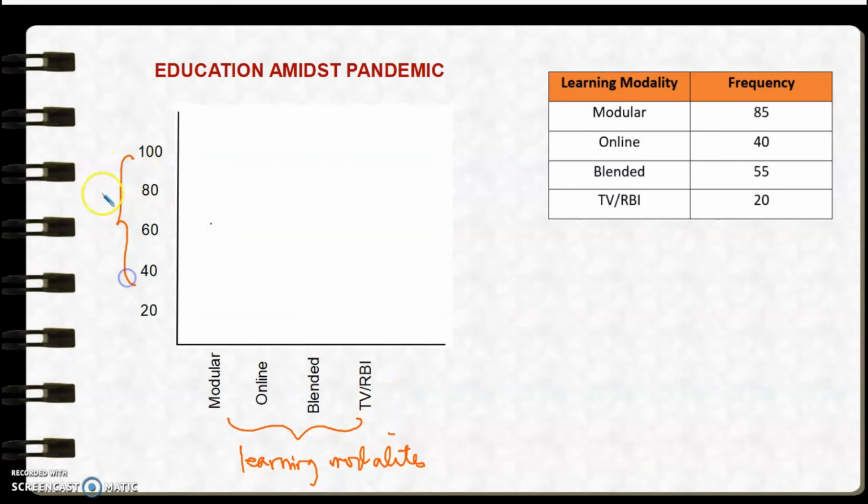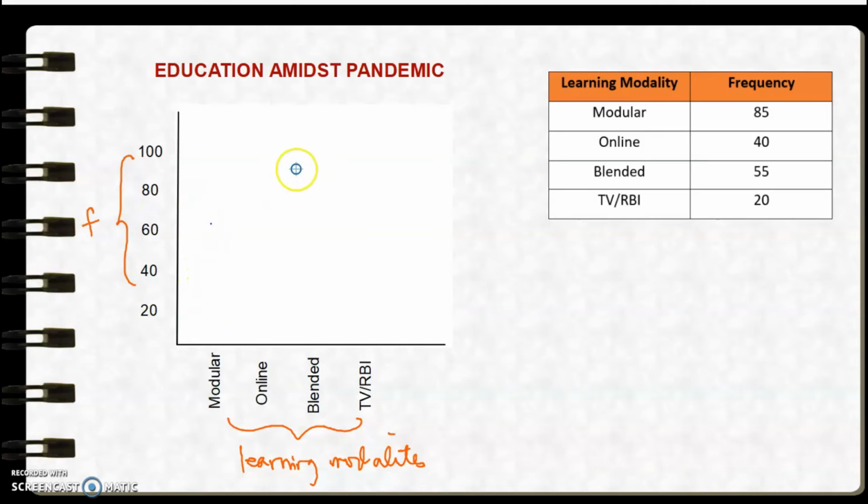This one is for the frequency. We first provide the bar for the modular, which is 85, so we have to draw 85. I use an interval of 20. Another thing you have to see to is that you make use of the same intervals.